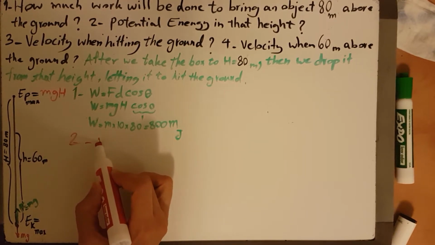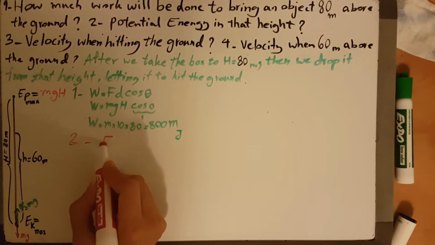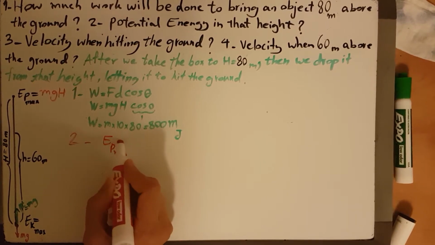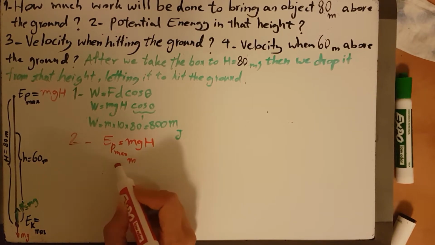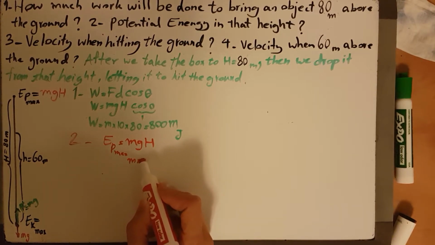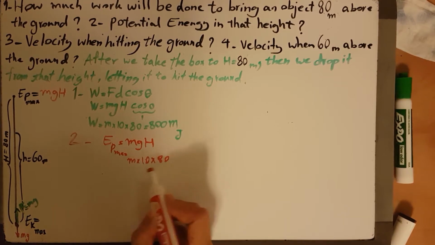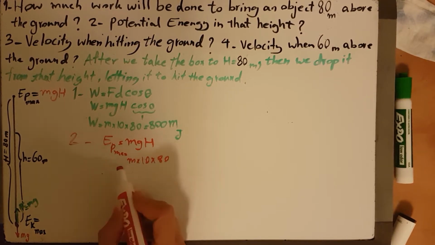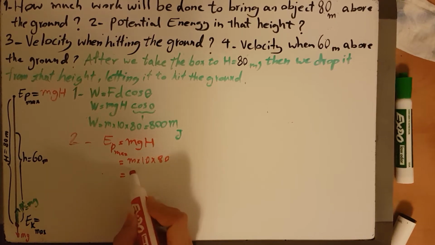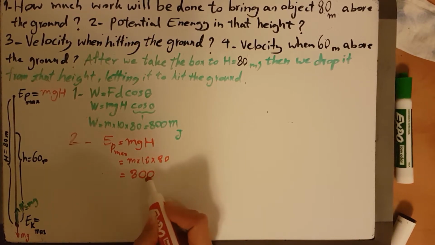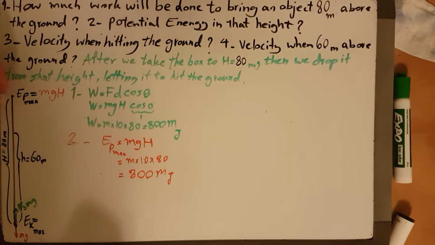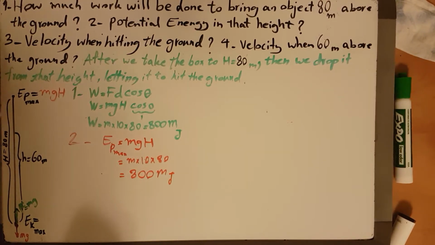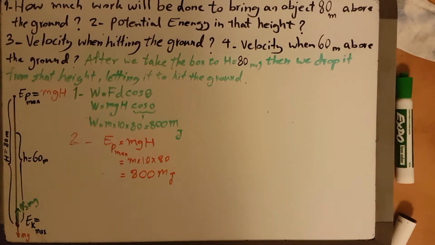So I will have this is the EP max, which is mgh, and is again m times 10 times 80, which is 800 m joules, the same thing, because we know the work is actually saved as potential energy. The work that we do to bring it here is saved as potential energy.